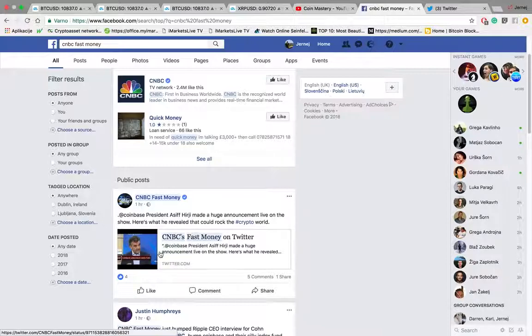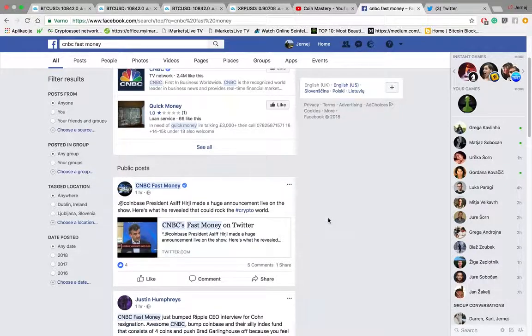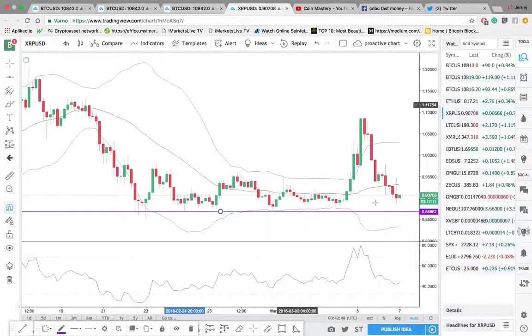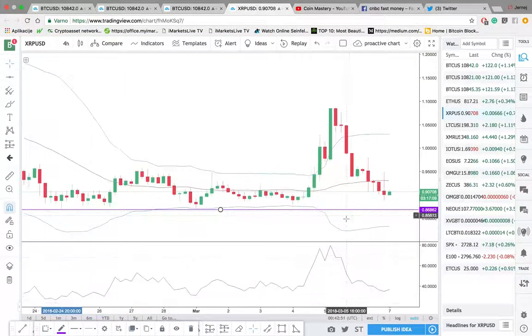So a lot of people thought that Ripple is coming on CNBC, but as it turned out, this was due to totally different reasons. Coinbase decided to make an index, and they didn't even put the CEO of Ripple on. So yeah, this is what happened to Ripple.